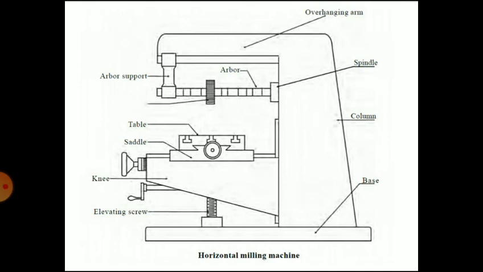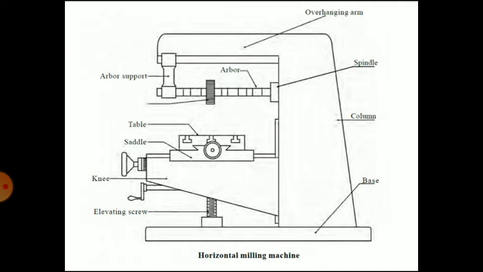You can see another diagram. Base, then there is an elevating screw for moving the knee in an upward or downward direction. Then there is a saddle for the crossfeed of the table. On the saddle there is a table. Then there is a column, then the overhanging arm, and an arbor support.